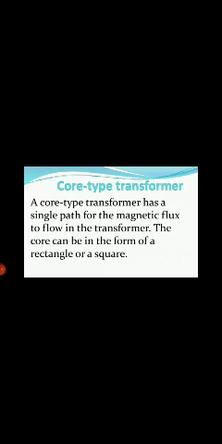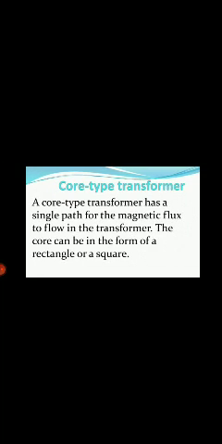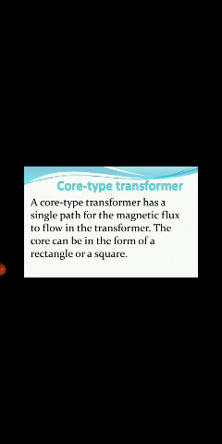Next is the core type transformer. A core type transformer has a single path for the magnetic flux to flow. The core can be in the form of a rectangle or a square. We use L type strips, or U and I type strips, for making the laminated core of the transformer.